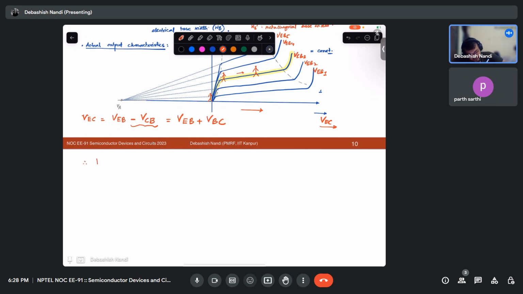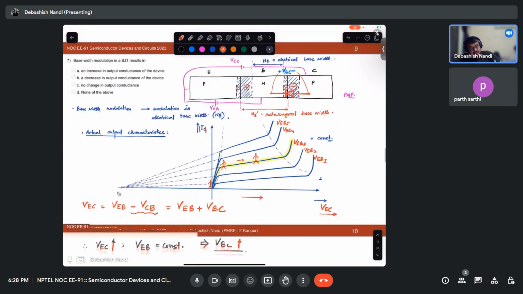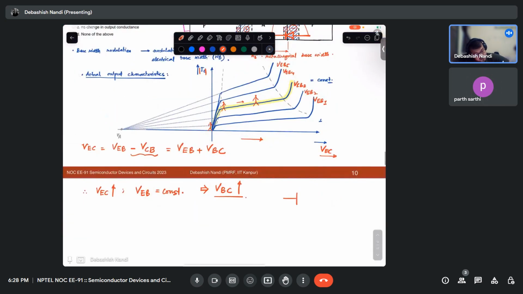Now tell me, if VEC is increasing and VEB is constant, that means your VBC is increasing. So if VBC, in a diode, is positive and increasing, that means the reverse bias is increasing.